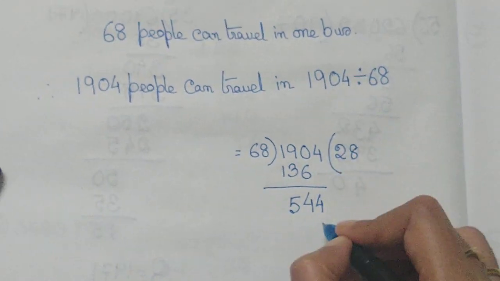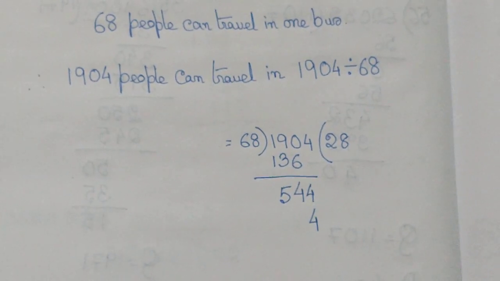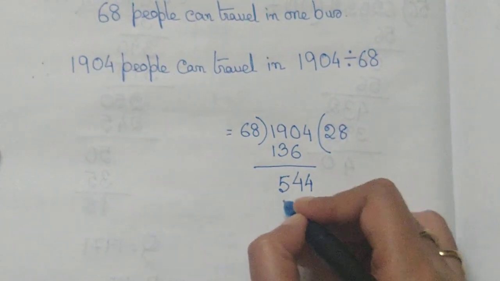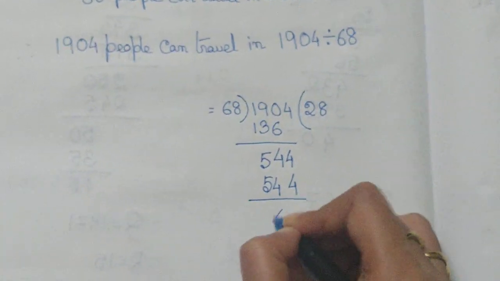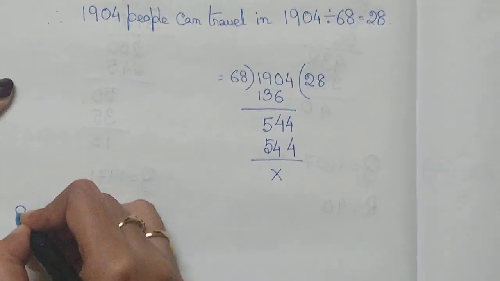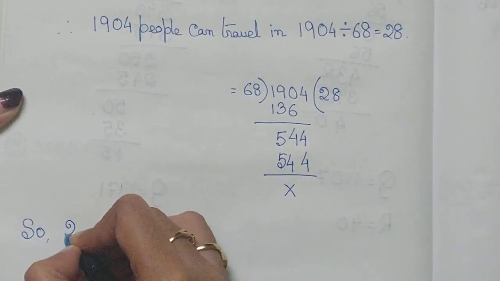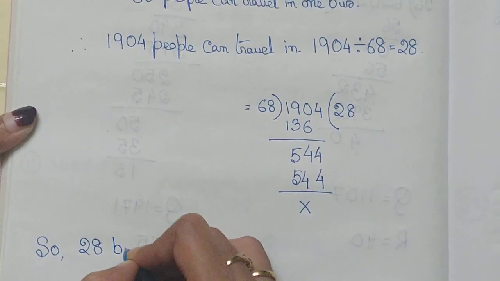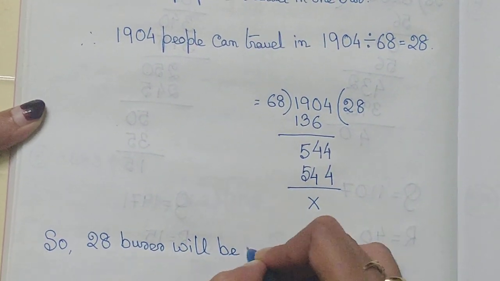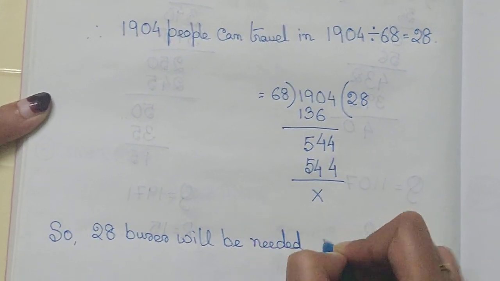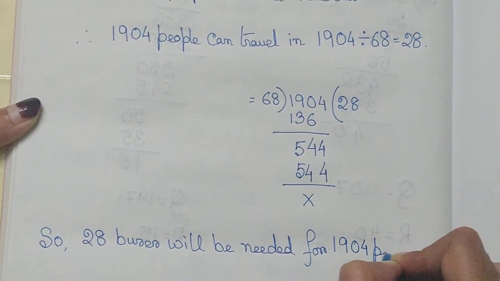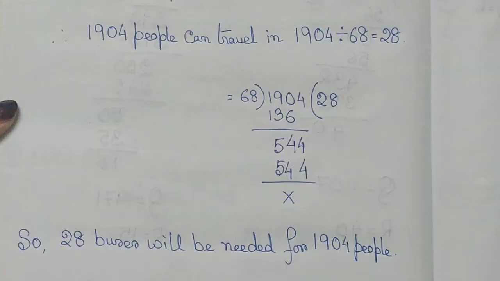So 8 eights are 64, 6 in hand, 6 eights are 48, 49, 50, 51, 52, 53, 54. So it is equal to 28. So 28 buses will be needed for 1904 people. This is your answer.